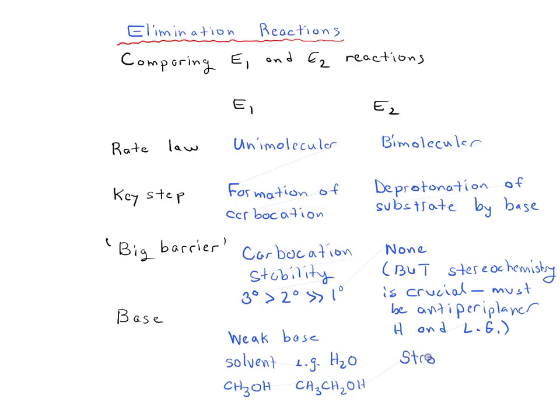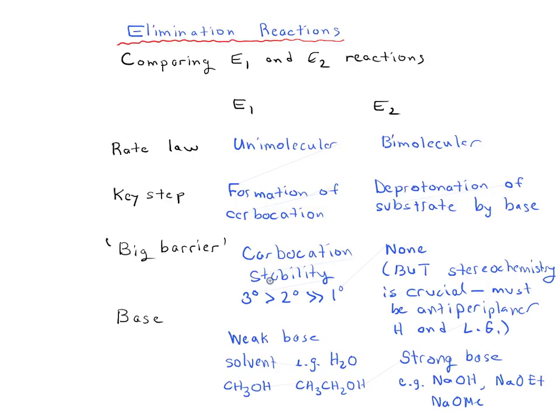And for the E2, we're going to be using a strong base. You'll notice they have charges on them, so sodium hydroxide, or sodium ethoxide, the conjugate base of ethanol, or sodium methoxide. So these are all examples of strong bases that we'll use in the E2 reaction.